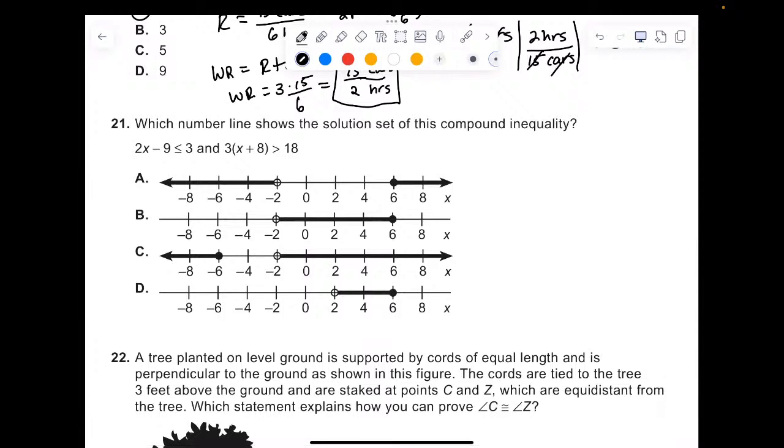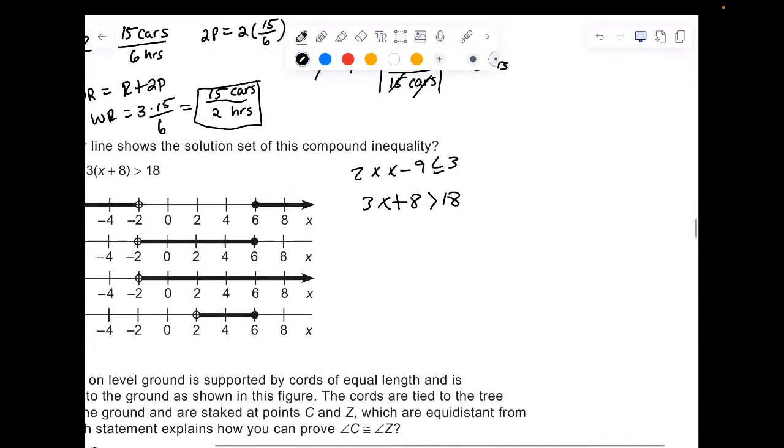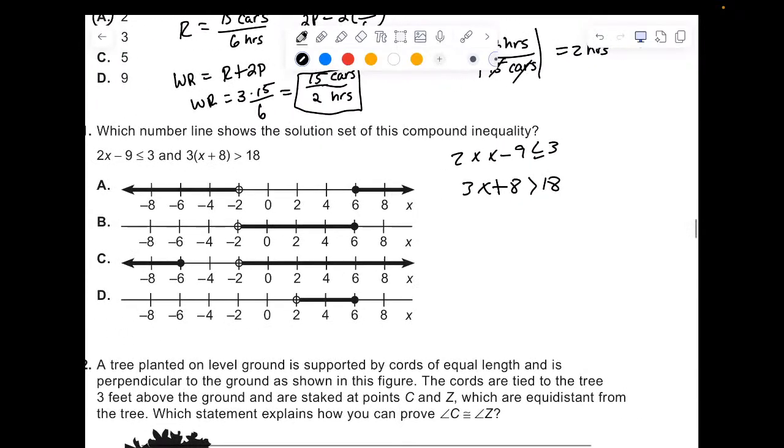Which number line shows the solution to the set of this compound inequality? 2x minus 9 is less than or equal to 3, and 3x plus 8 is greater than 18. Oh my goodness.